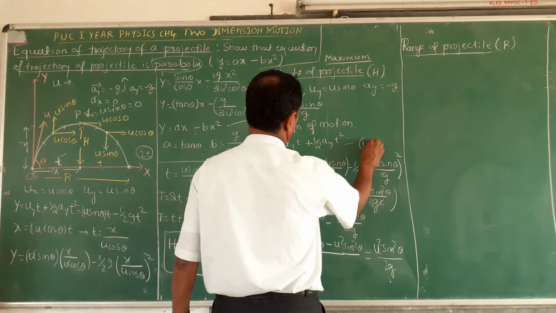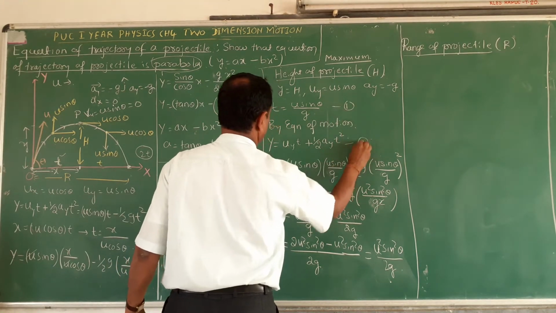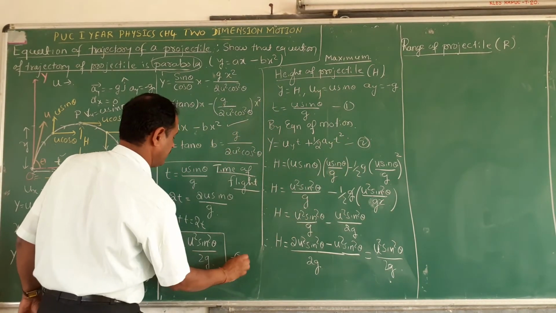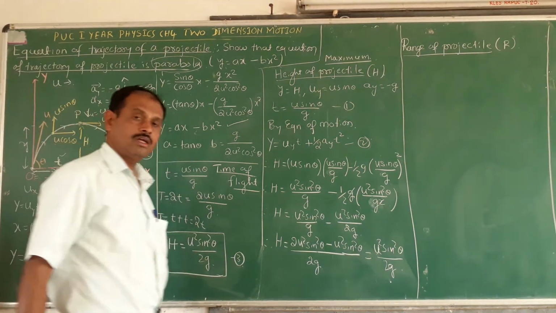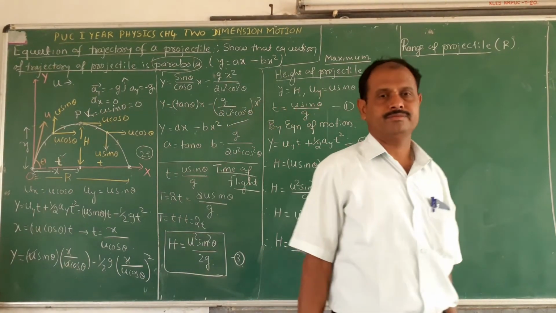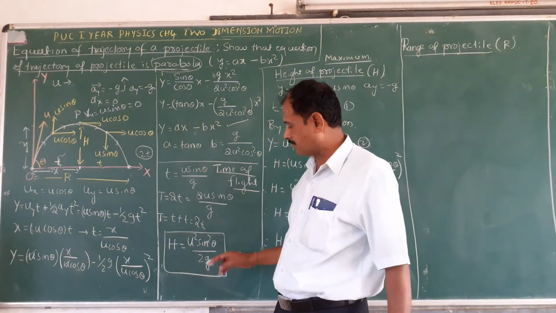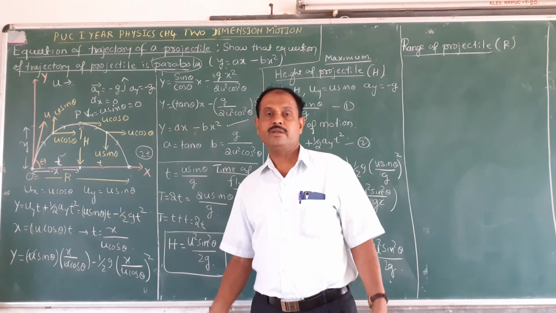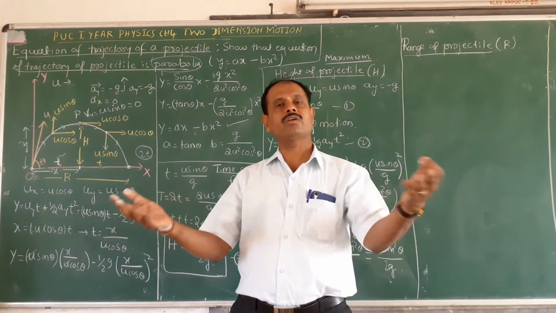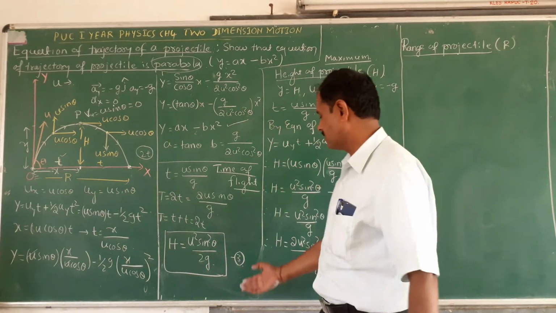So this is equation number 1, this is equation number 2, and this is equation number 3. This is the expression for what? Height of the projectile is u square sin square theta upon 2g. Now g is constant, 9.8 meter per second square, the average acceleration due to gravity on the surface of the earth. It is constant.